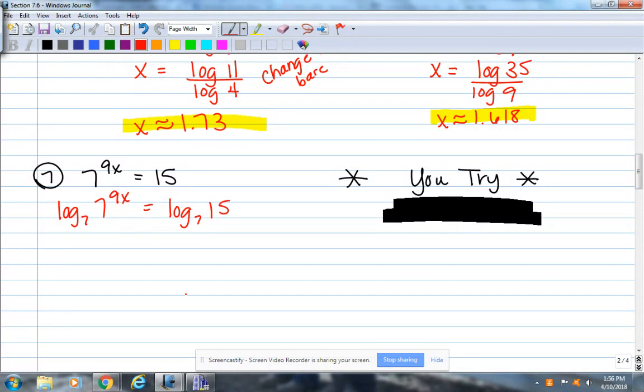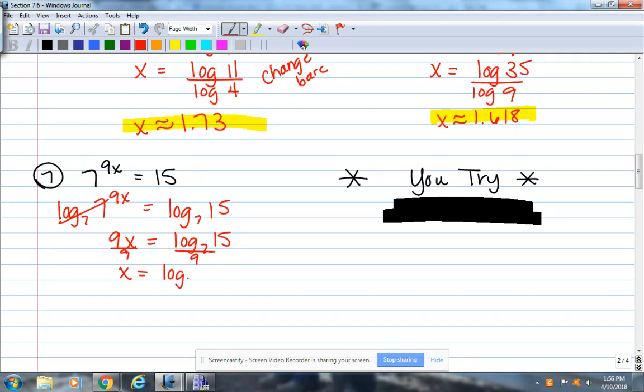Whatever your base is that has the exponent in it, that's the base you need to take the logarithm of. So log base 7 of 7 cancels out. That leaves you 9x equals log base 7 of 15. So x, I divide both sides by 9, don't I?